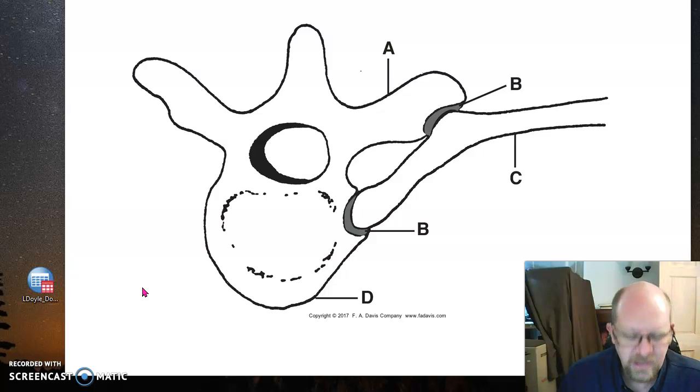Now, these costovertebral joints are also known as demifacets. All right, so let's look at this image. So the costovertebral joint is right here. It's represented by B. So this right here is the head of the rib.